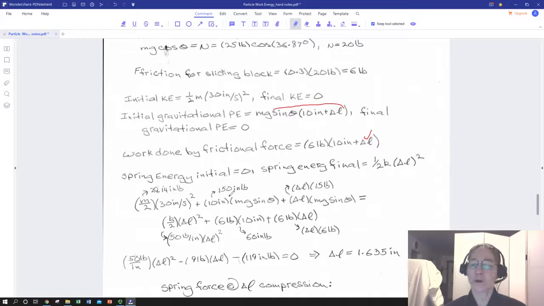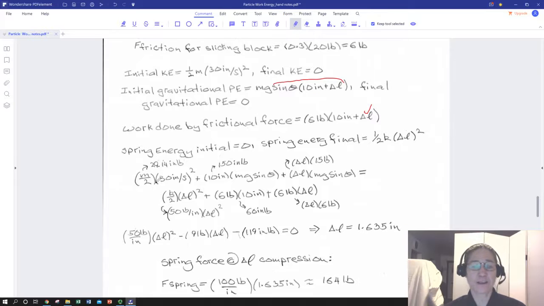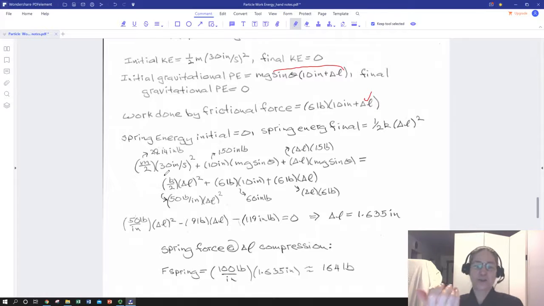So we can invoke energy balance now directly and say initial kinetic energy plus initial gravitational potential energy plus initial spring potential energy, which will be 0, is going to equal final kinetic energy, which will be 0, final potential from gravity, 0, final potential from the spring, whatever is determined by delta L, plus whatever work was done by friction.